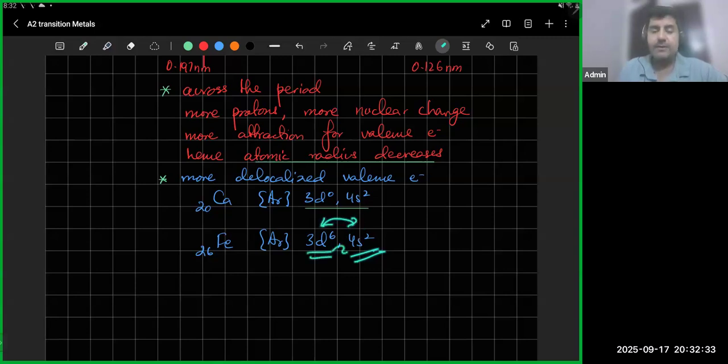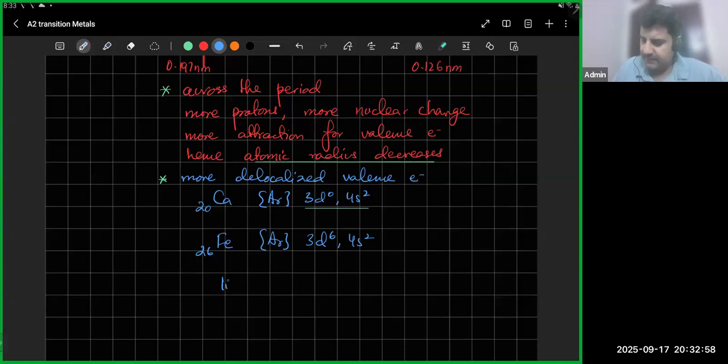So there are 6 more electrons available as well, which is why they also have variable oxidation states. You can pull electrons from the 4s, but it's not that difficult to pull electrons from the immediate next door neighbor as well. But not in the case of calcium. There's a huge energy gap. You have to go all the way inside the atom, right in the inner shell, and then pull electrons out. So iron can have more delocalized electrons as well.